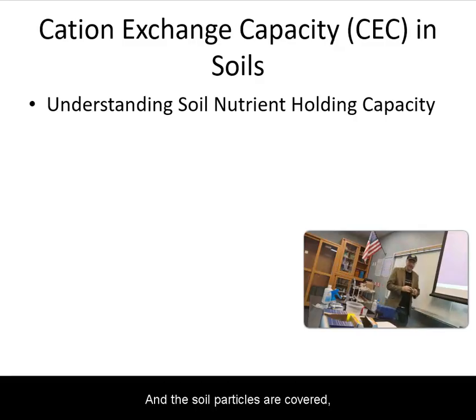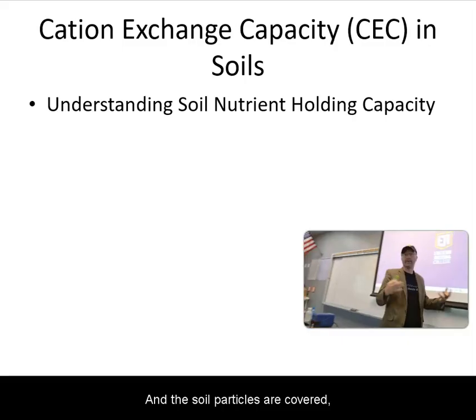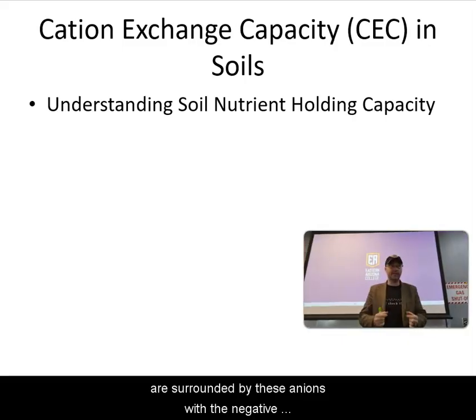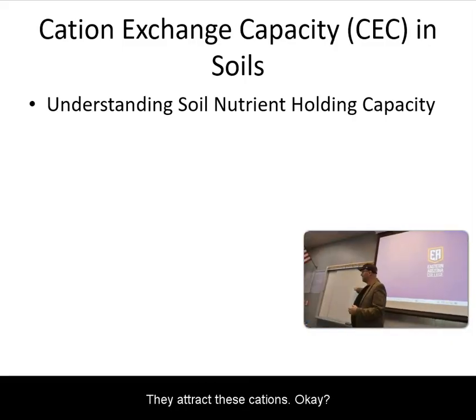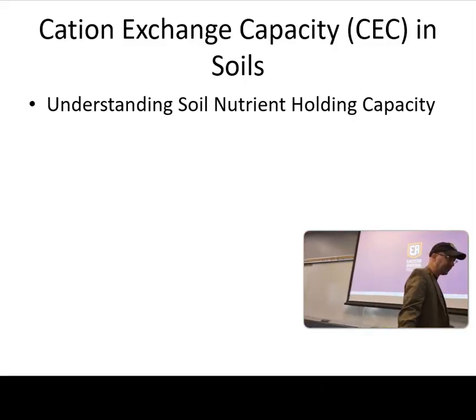Okay, and the soil particles are surrounded by these anions with a negative charge on them, and therefore they attract these cations. Okay.